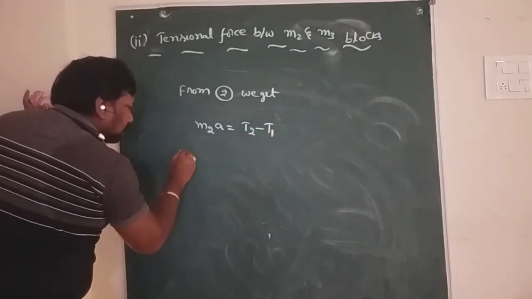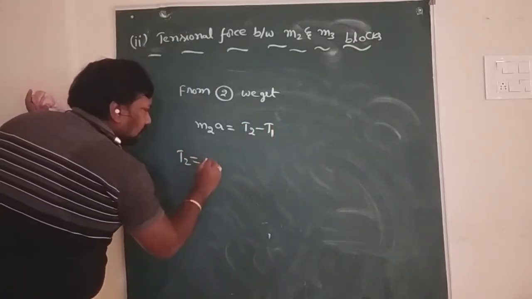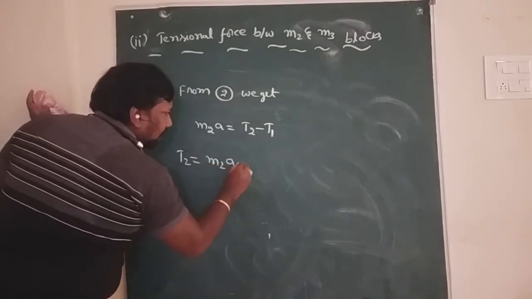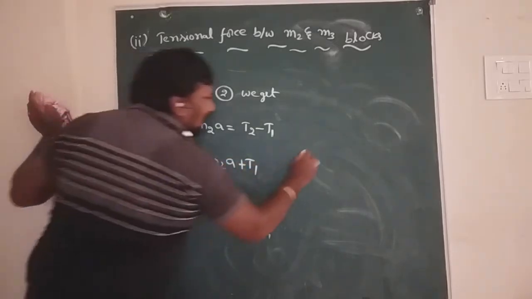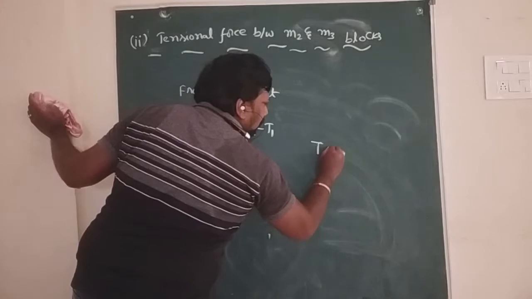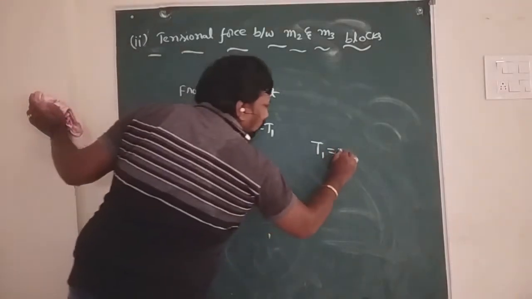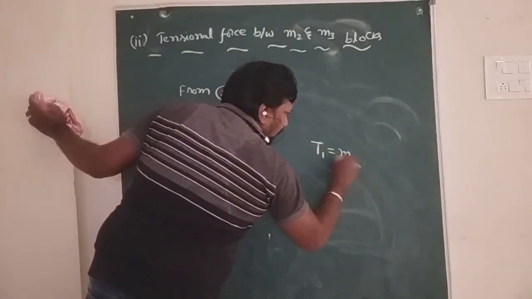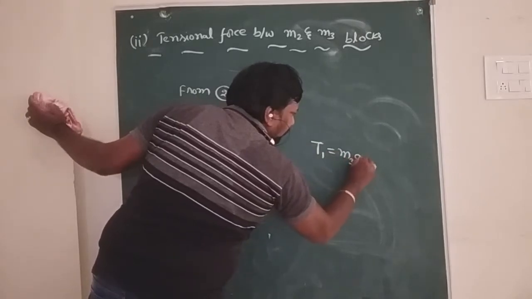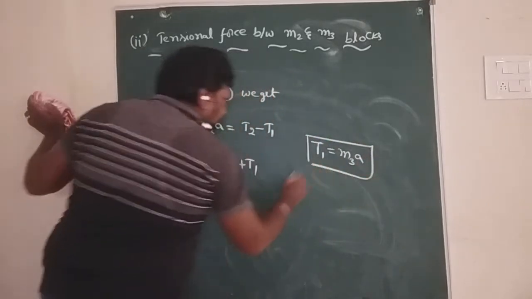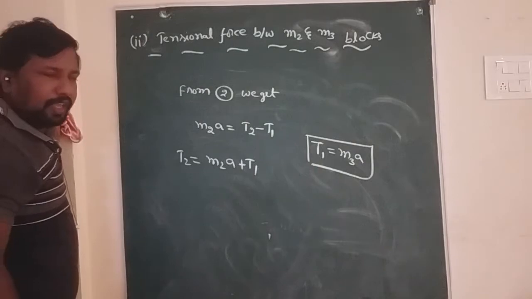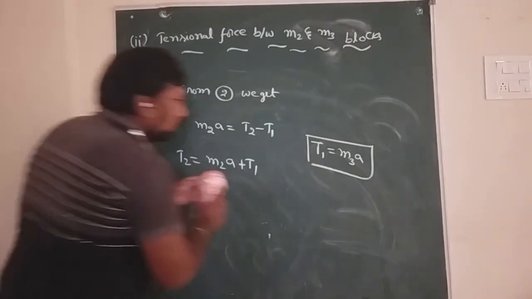So in this situation T2 equal to M2A plus T1. We know that from equation 3, T1 equal to M3A. T1 equal to M3A, sorry.